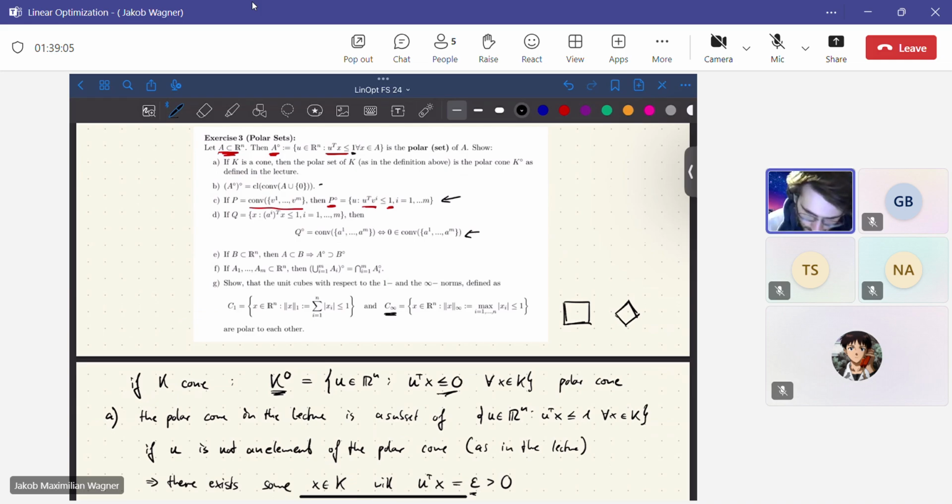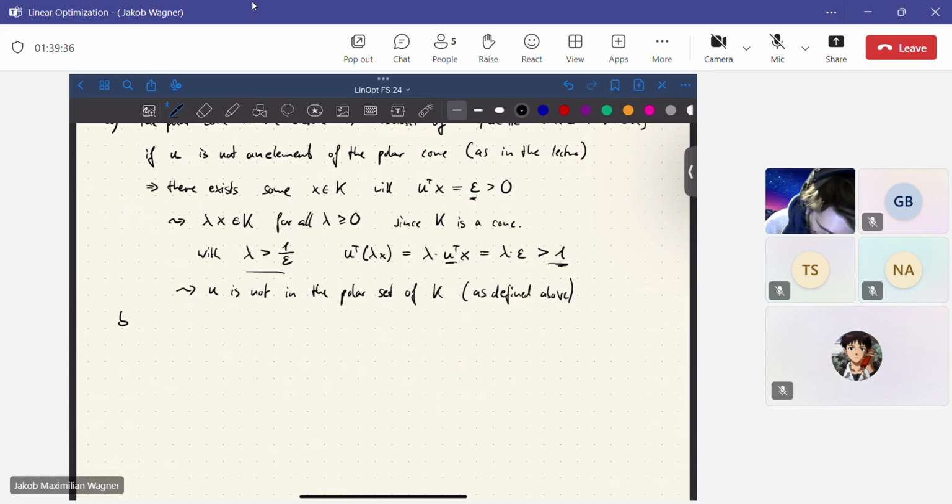And we will see that this is the closure of the convex hull of A, including or union with 0. And so especially if A already includes the 0 and is a closed convex set, then taking 2 times the polar, this gives us our original set A again, because all of these operations don't add any new points. And this we will use in the following tasks.